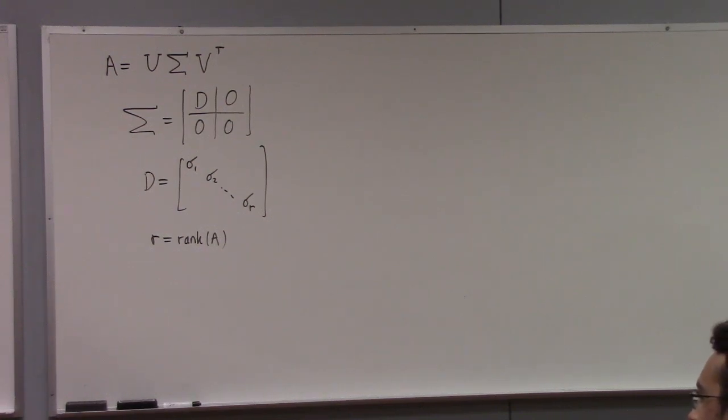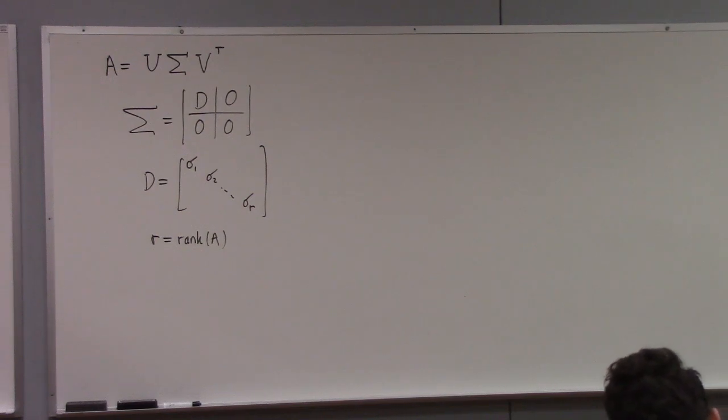So what's the trouble here? For this one, we can form our U1. U1 is equal to AV1 over sigma 1.